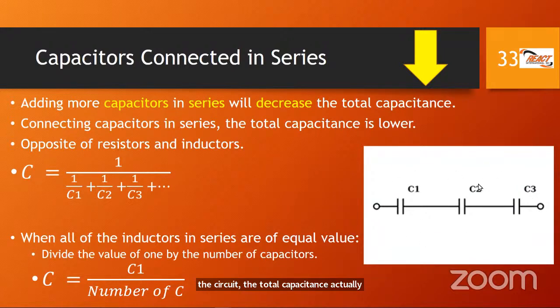Now, if all of the capacitors are the same value, we could use a short version of the formula: the value of one capacitor over the number of capacitors. If it's 4 capacitors, this denominator will be 4.